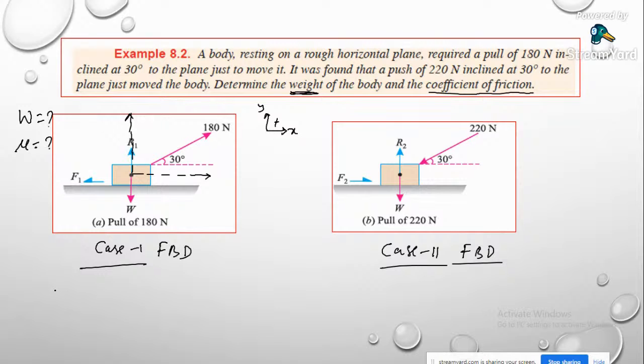Friction is always opposite. So FR1 will be equal to mu into R1. This is my equation number A. So here we have to find R1.